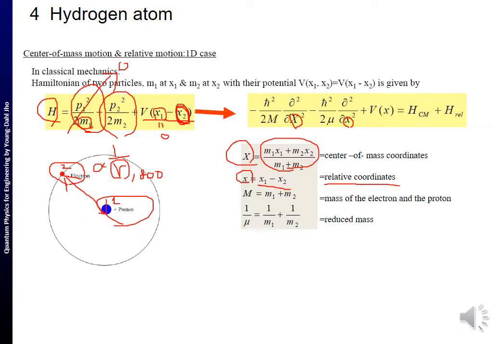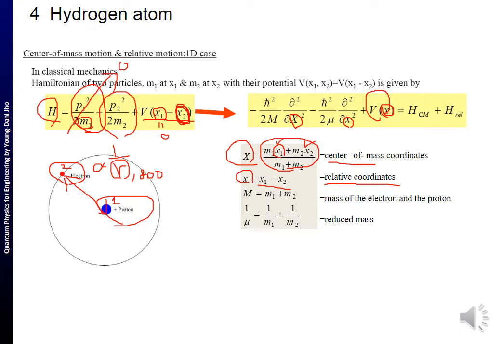To make it simple, we are only considering x, not y or z for now. But in reality, it will be replaced by the three-dimensional coordinate. Here, instead of those dimensions, we consider the center of mass and the relative coordinate. And the potential depends only on the relative coordinate.